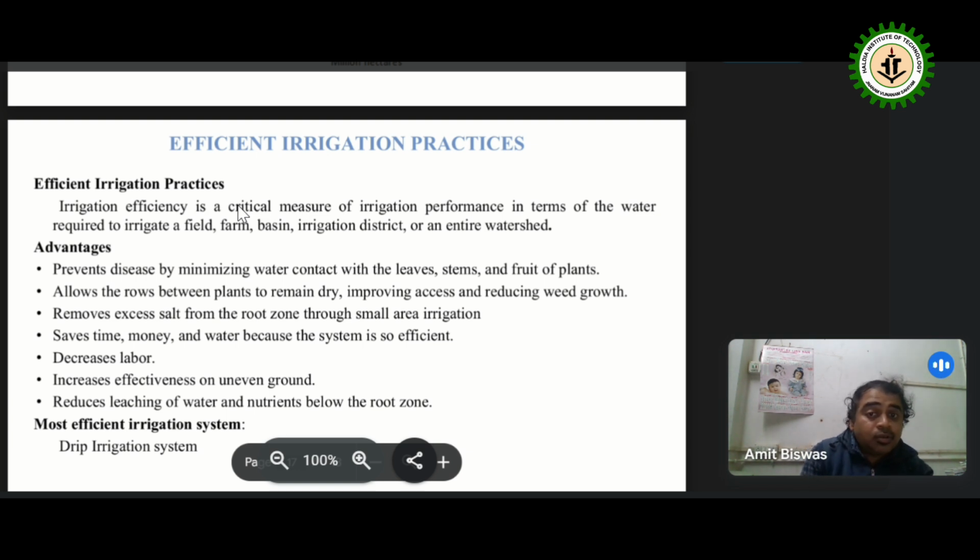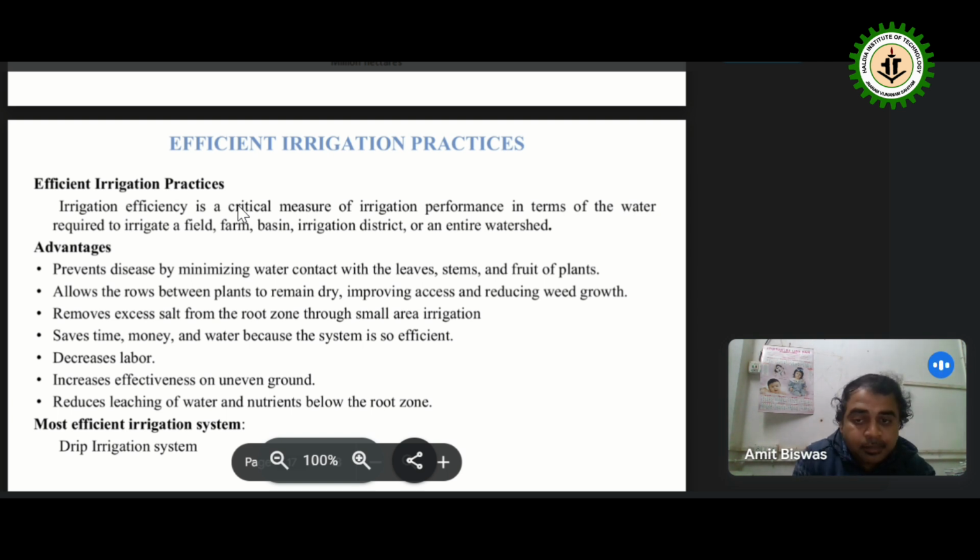So, what is the advantage of efficient irrigation practices? It prevents disease by minimizing water contact with the leaves, stems, and fruits of plants. It allows the rows between plants to remain dry, improving access and reducing weed growth. It removes excess salt from the root zone through small area irrigation.